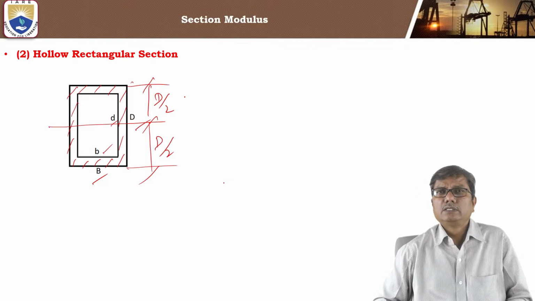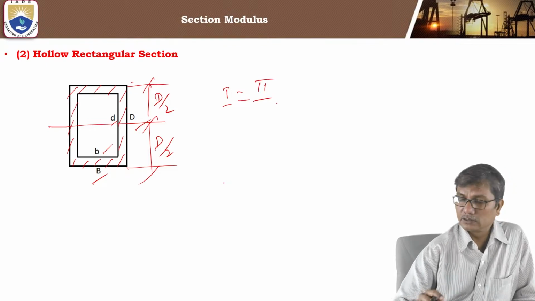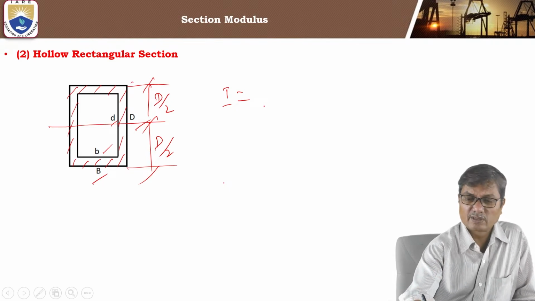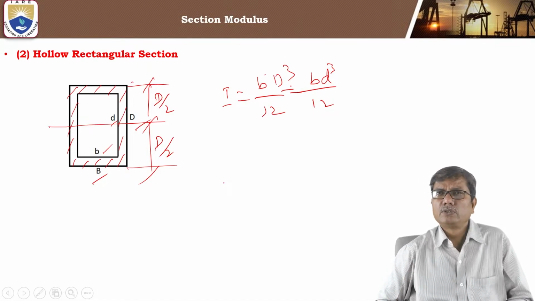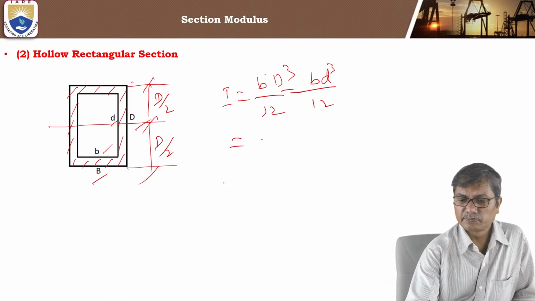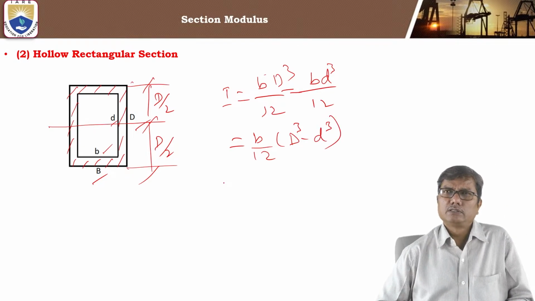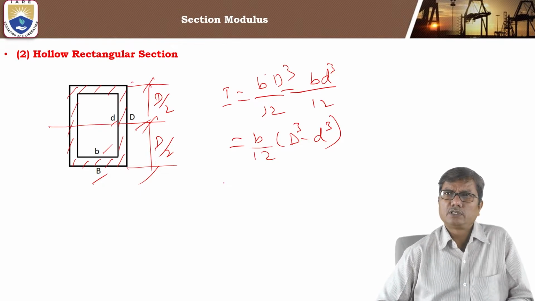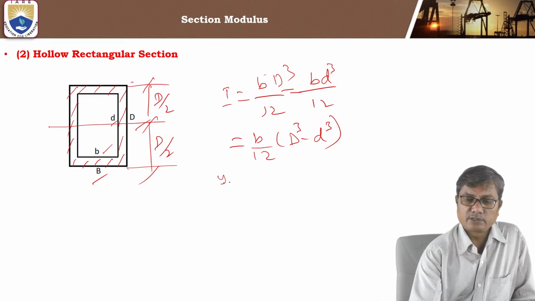The moment of inertia in this case is B D cube by 12 minus small b small d cube by 12, so it is b by 12 into capital D cube minus small d cube. And the extreme fiber distance, y maximum, is capital D by 2.